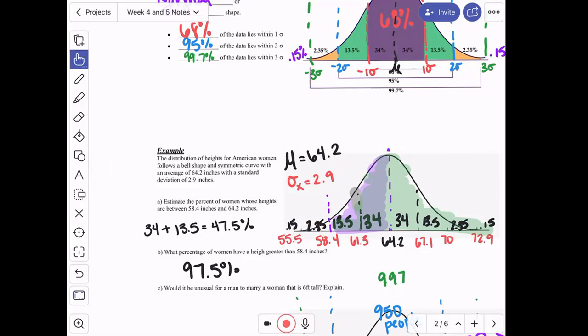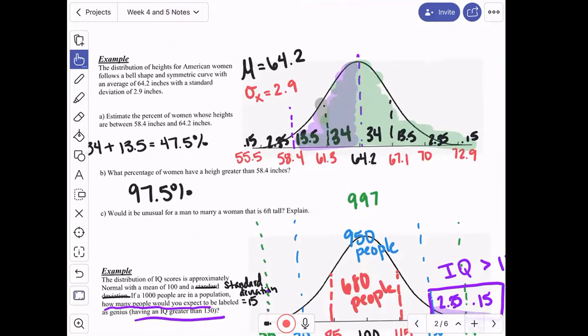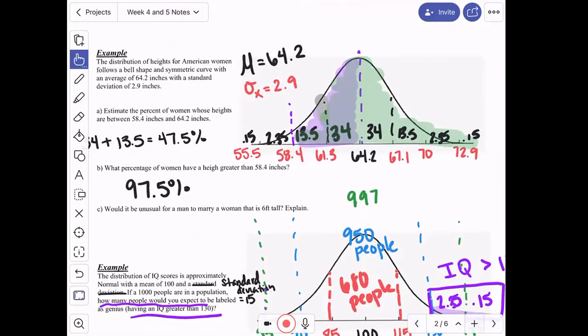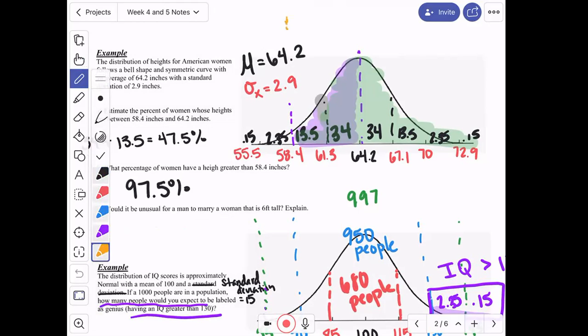The last question says this: would it be unusual for a man to marry a woman that is 6 feet tall? Explain. When we talk about a normal curve, the good thing is we can give labels. One of the labels we give is unusual versus usual activity, something that will normally happen versus something that doesn't. In a normal curve, the word usual means you are generally within 2 standard deviations of the mean.